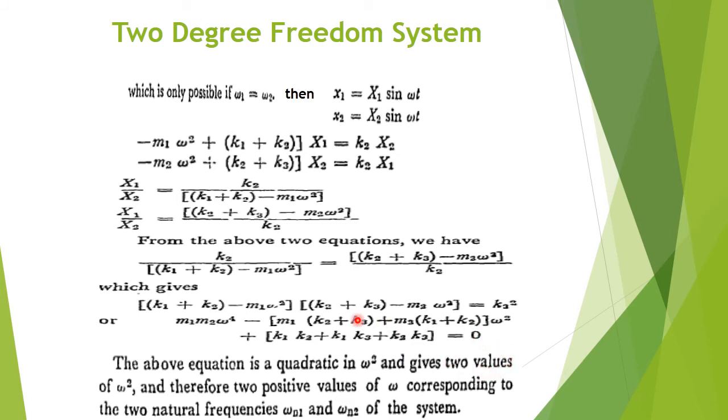So this is a quadratic equation in omega square. This will give two values, omega n1 and omega n2. These are considered as the two natural frequencies of the system.